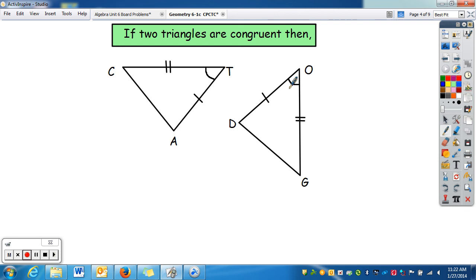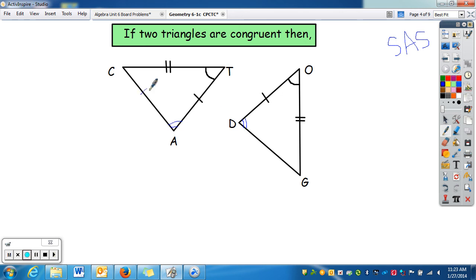If I know these triangles are congruent, and you can see they are congruent by side, angle, side, then because they are congruent, they are the exact same, they are equal. So I can state that angle D has to be congruent to angle A because these triangles are congruent.